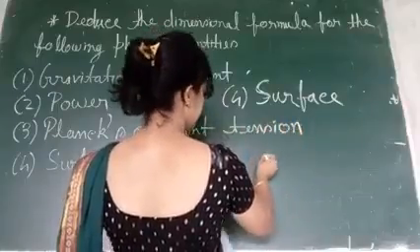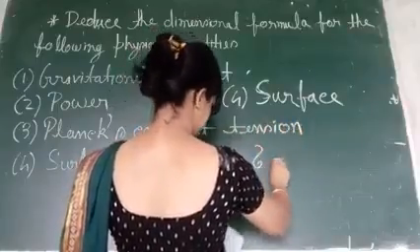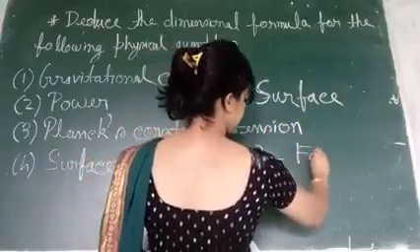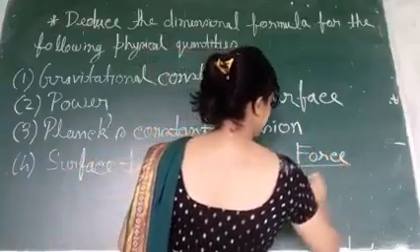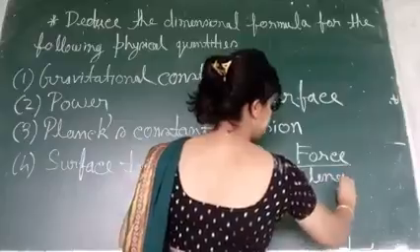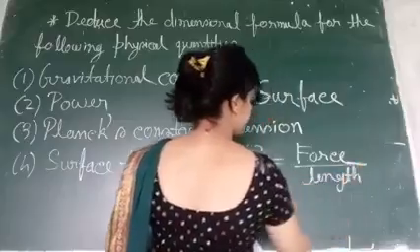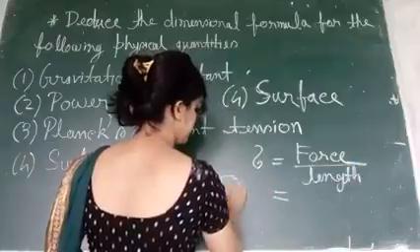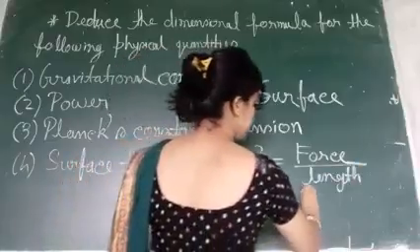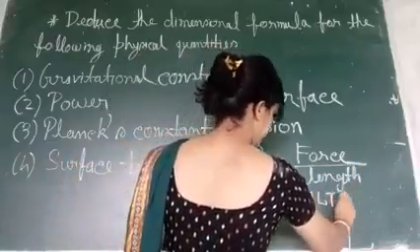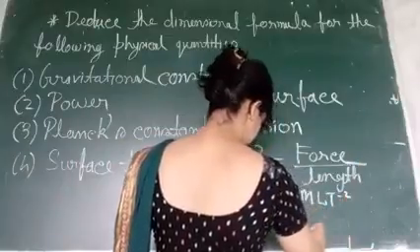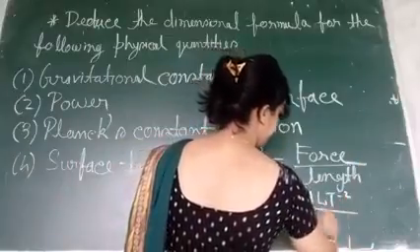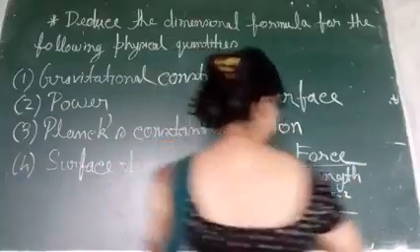This is indicated by gamma, or force divided by length. So what is the dimensional formula for force? Force is M L T to the power minus 2 divided by L. So L will be cancelled.